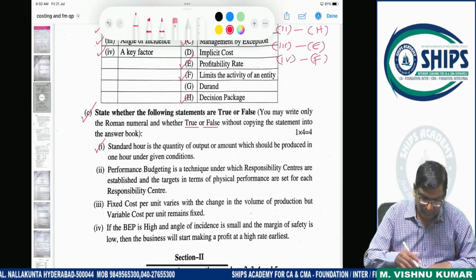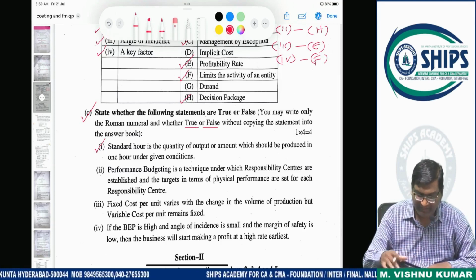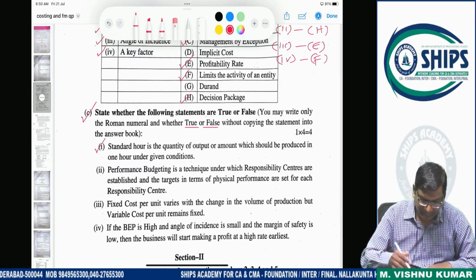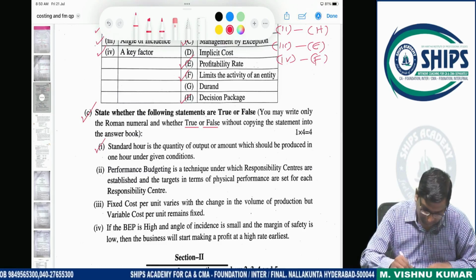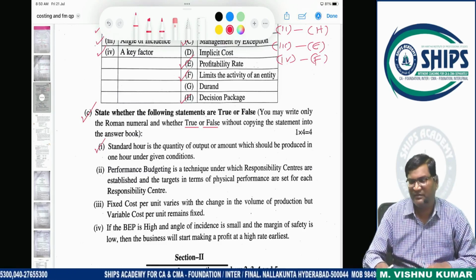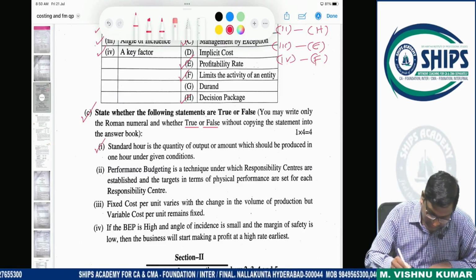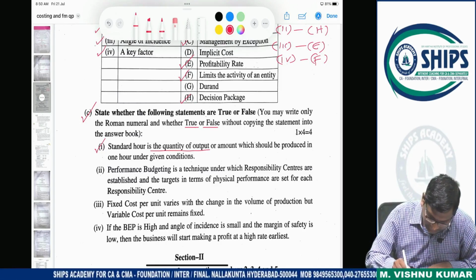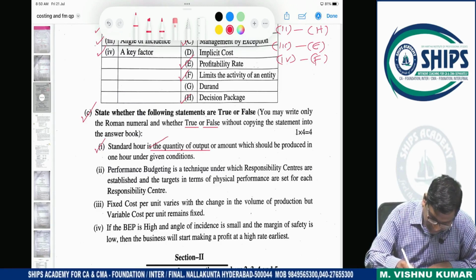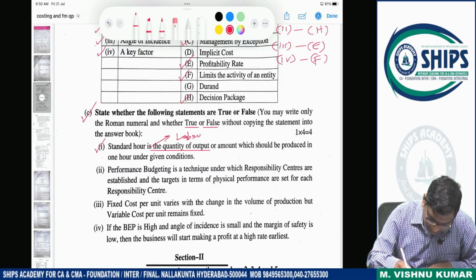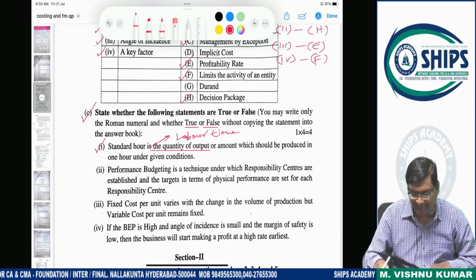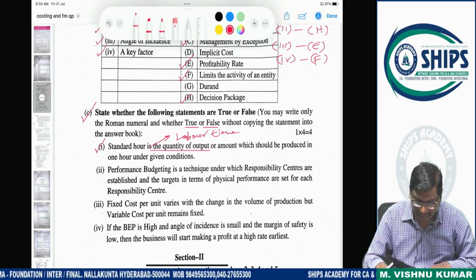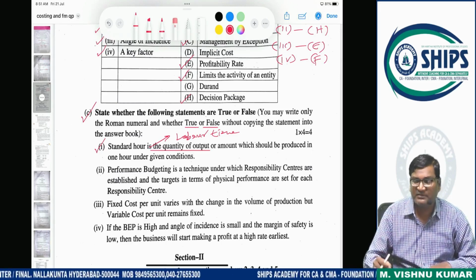Yes, sir. So this question is on standard hour. The statement says the standard hour is the quantity of output or amount which should be produced in 1 hour under given conditions. No. Standard hour is labor time. This should not be quantity. This should be labor time, which is allowed to the labor for producing a certain number of units.